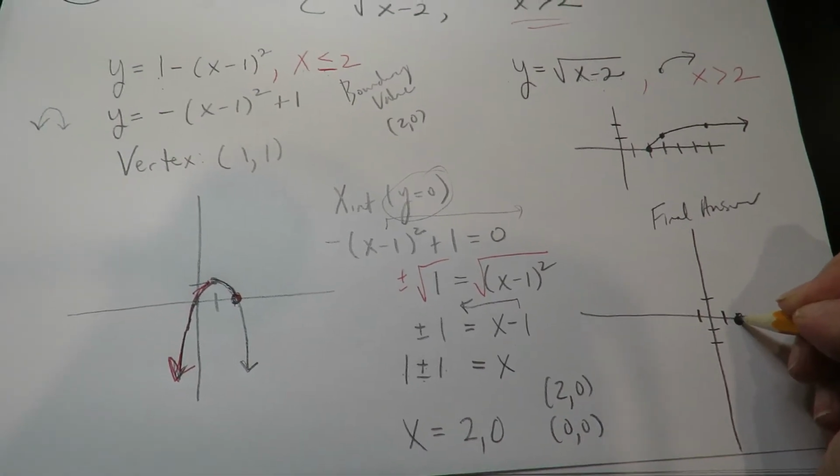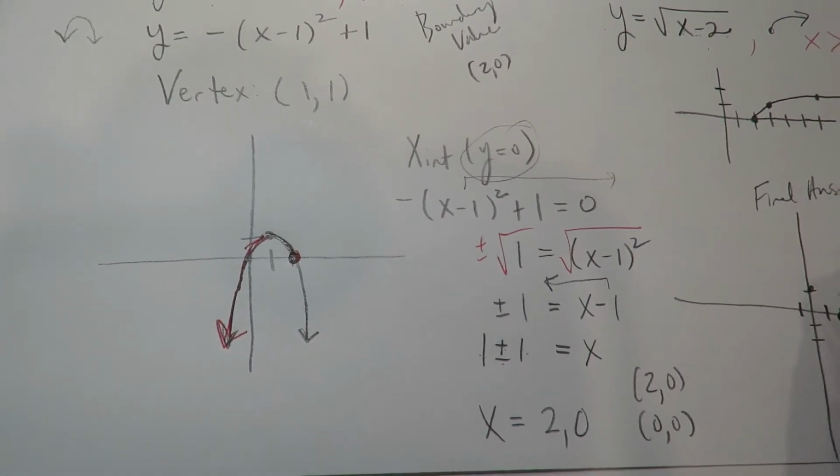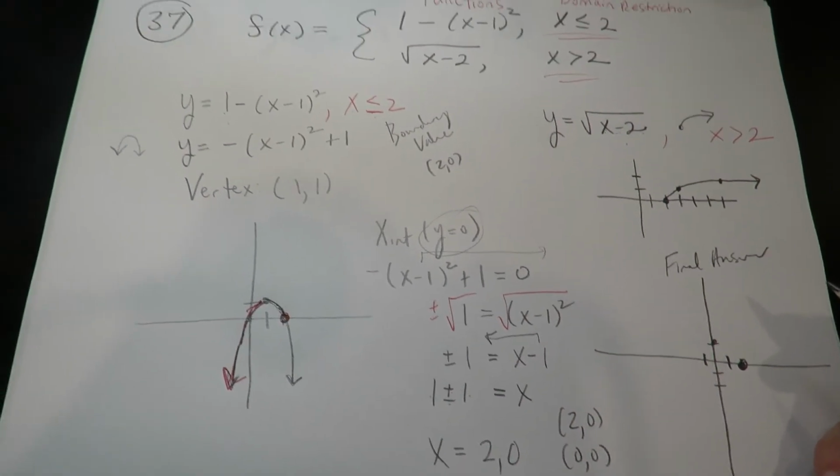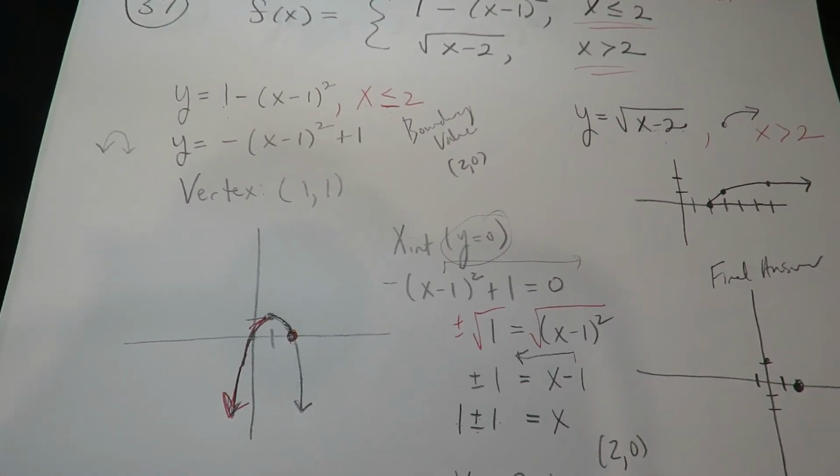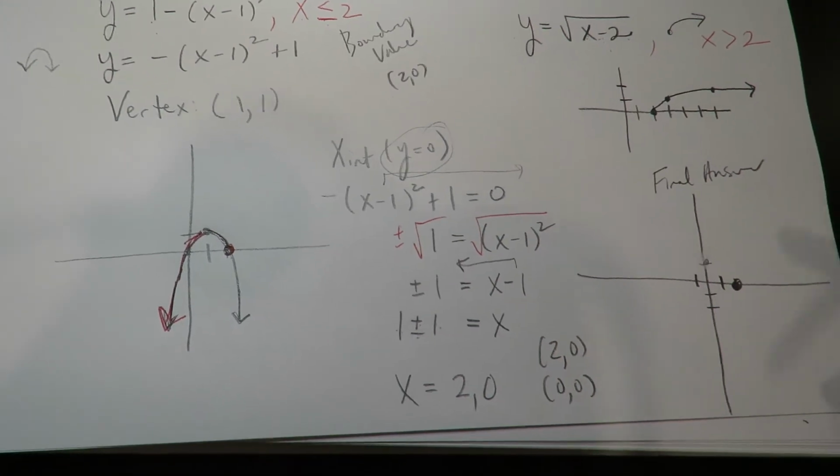Alright, so it's closed at (2, 0). Now I'm just going to carry these points just so I have it scaled nice. Oh, I put that guy in the wrong spot.